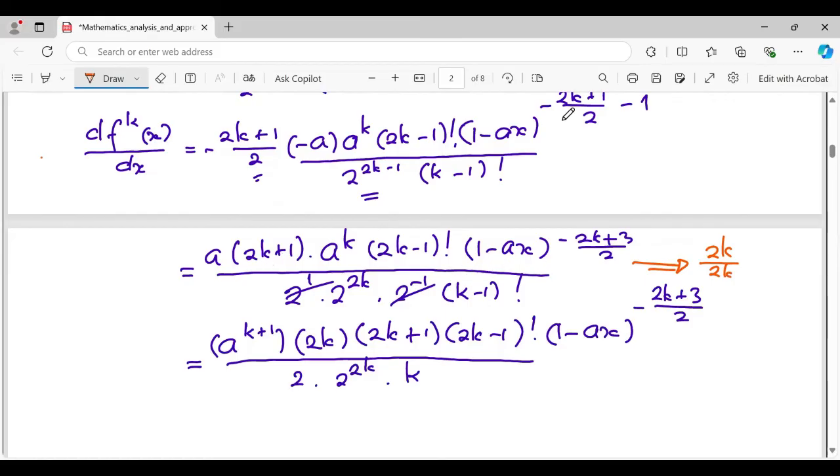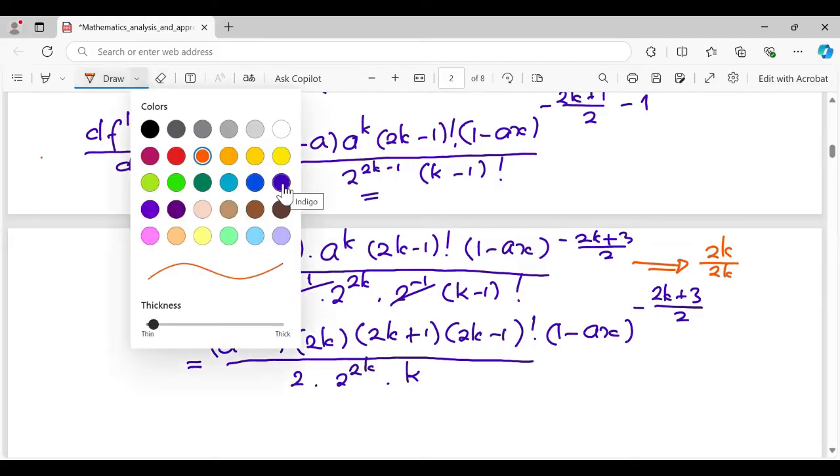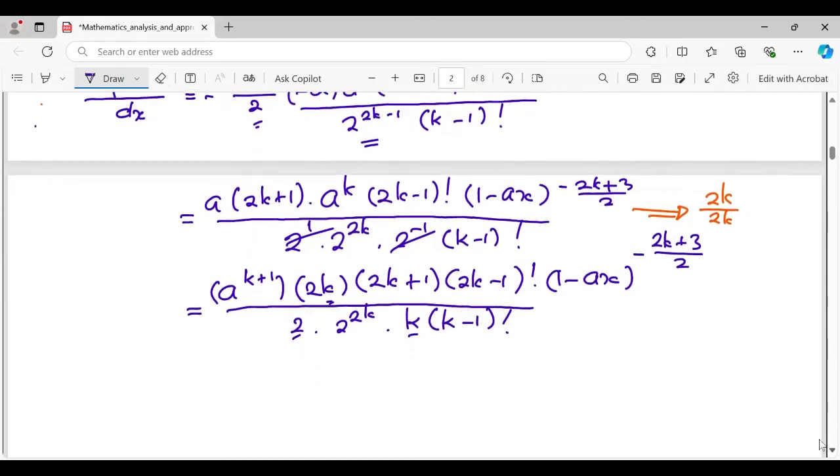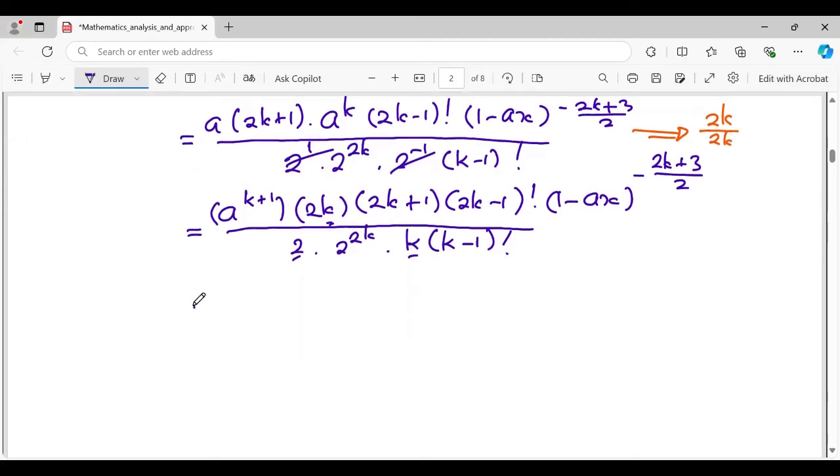If you multiply by 2k over 2k, this 2k is here, and the other 2k is going to be here, k times k minus 1 factorials, and 2k is from this 2k, right?